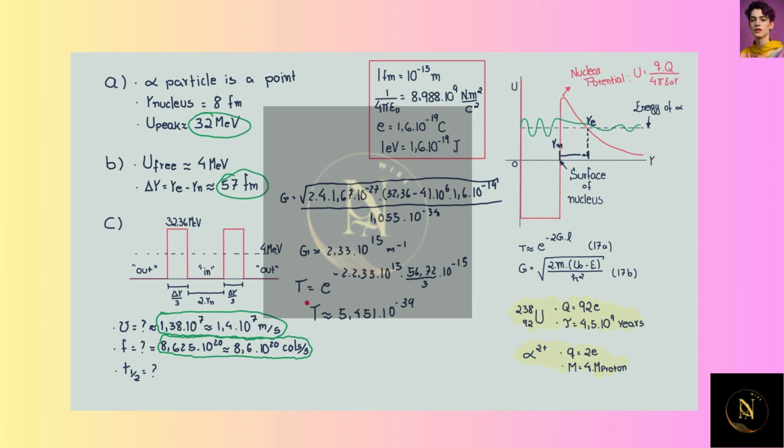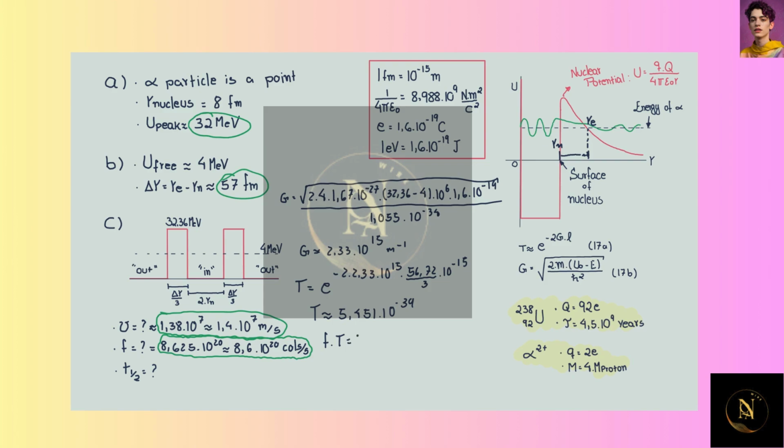Okay, now that we have the tunneling probability, we can multiply it by the frequency, and the product between the tunneling probability and the frequency, f times t, is the frequency of the decay. That is, out of 8.6 times 10 to the 20 collisions that happen each second, only f times t actually decay. So let's solve this calculation.